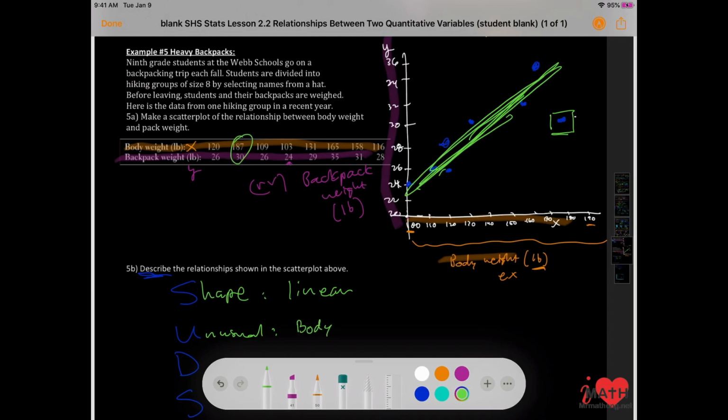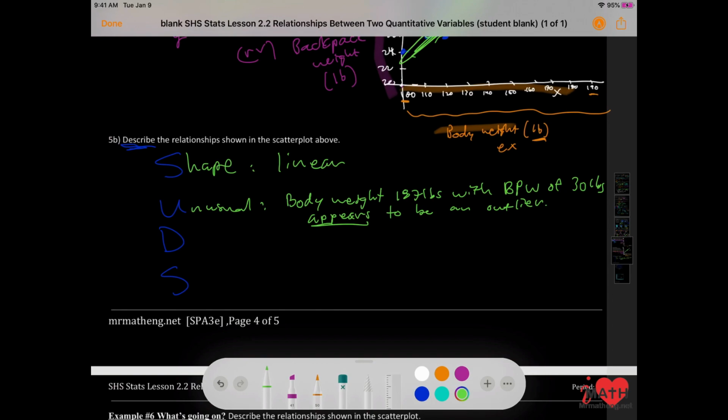Body weight, 187 pounds with a backpack weight of 30 pounds appears, we're not saying it is, but it looks like it appears to be an outlier. Why? Because it's so far away from that line. Remember, my word here is appears. It's not like it must be.